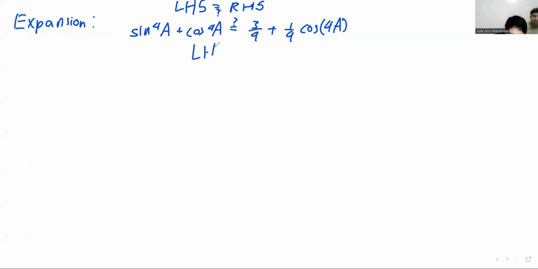So LHS is equal to, maybe I will just start already. It will be redundant. The fourth power over 4, divided by 4. I'll just bring this down. Divided by 4. We can integrate. 3 plus cosine 4a.